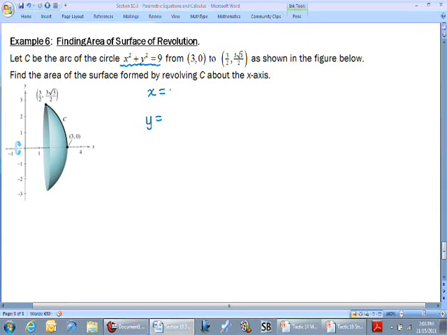Well, x equaling r cosine of some parameter, in which case we'll use t here, where y is r times the sine of t. And specific to this problem, the r value is 3.